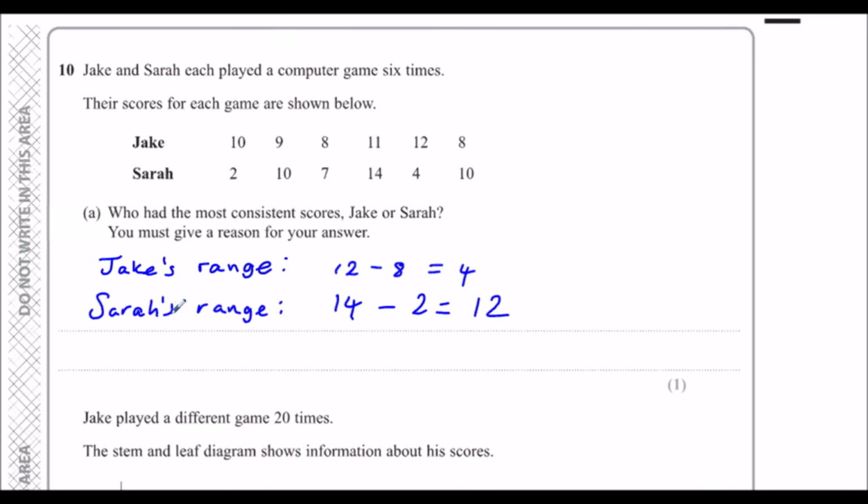So we could say Jake's scores are more consistent because he's got a smaller range, because the range is smaller.